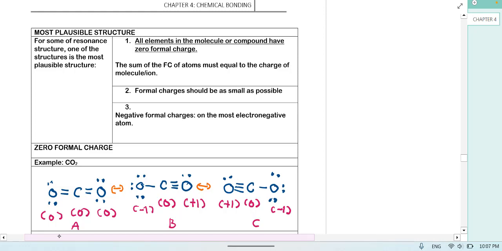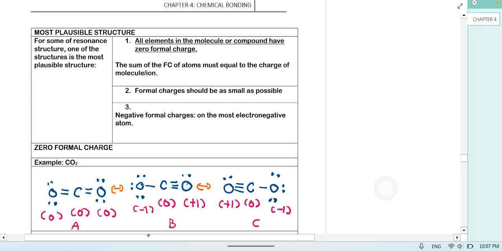B and C, okay, B and C both have zero formal charges. B dengan C ni masih ada zero formal charges sebagai molekul. Tapi atom dalam B ni ada negative 1 dengan positive 1. Totalnya zero. Total masih zero. Okay, C pun sama. So tak semua atom tu ada zero formal charge. Okay, tapi total masih zero lah.